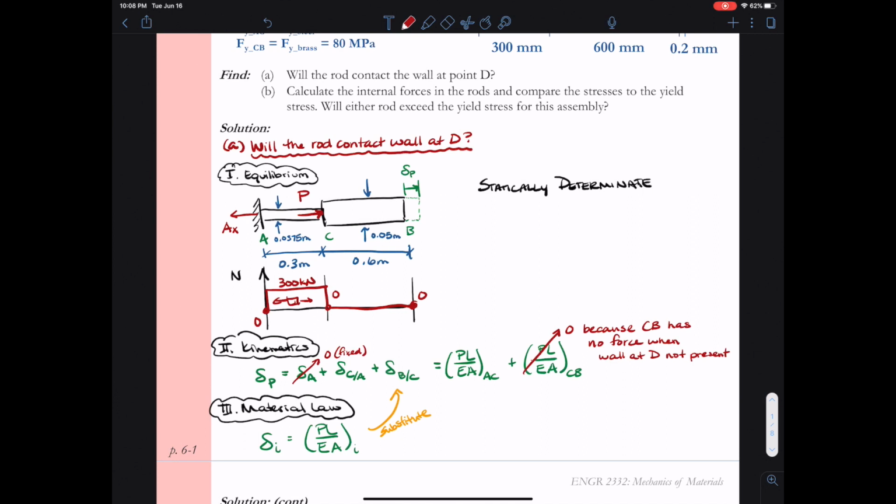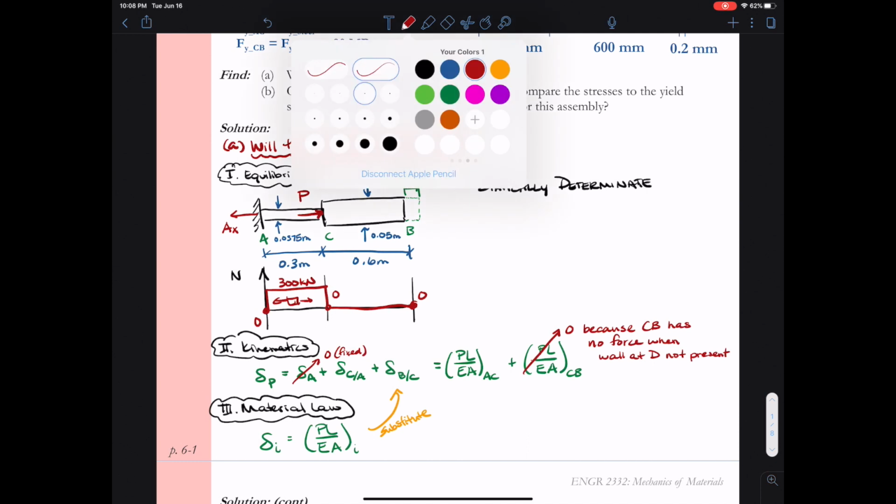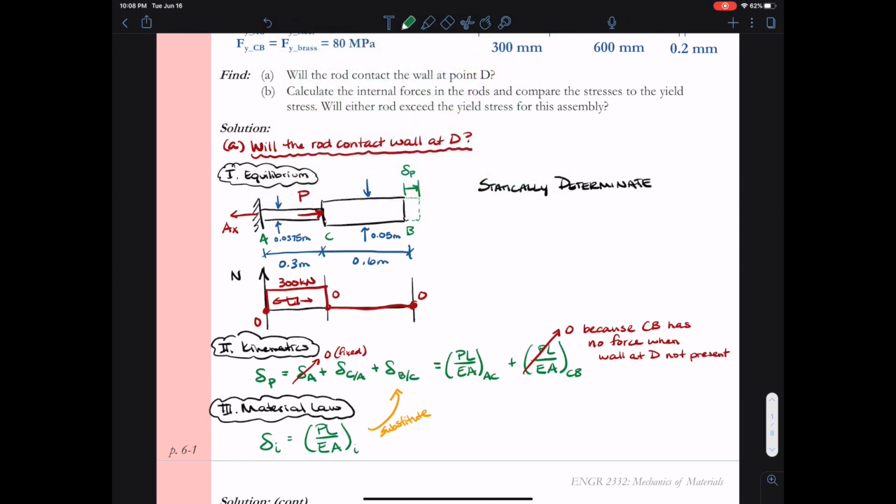So finally, we can do our calculations for delta P. Delta P is going to equal the value of PL over EA for segment AC. And so we can substitute. For the axial force in segment AC, we have 300 kilonewtons, or 300,000 newtons.